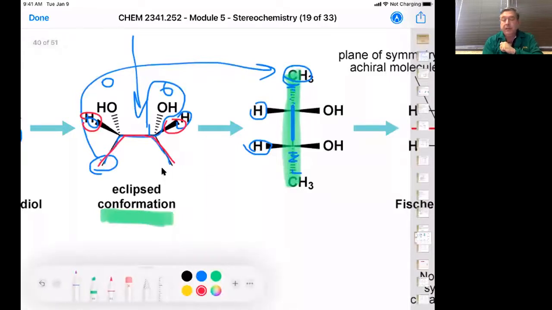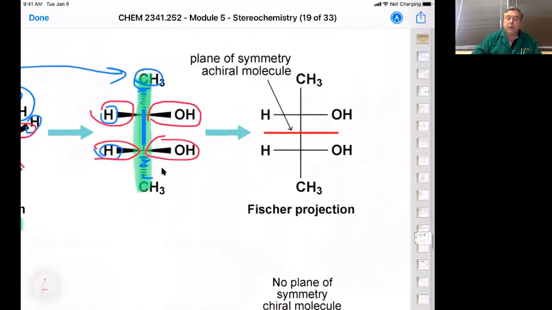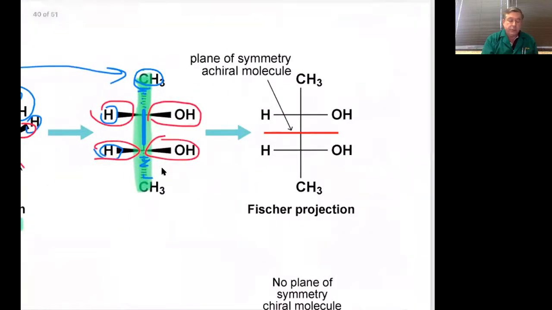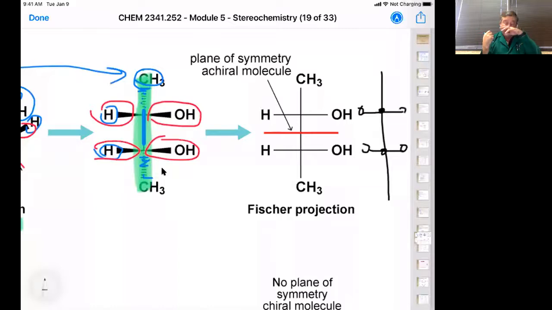That means our OHs now are both facing up, and our hydrogens are both facing up. So now let's get rid of the wedges and draw it as just a line drawing. Now we can do our true Fischer projection, where we draw it so our line is vertical here. We know that our carbon centers are at the cross points here, and we know that the things on the horizontal sides are facing up at us, so we can assign R and S to the system.